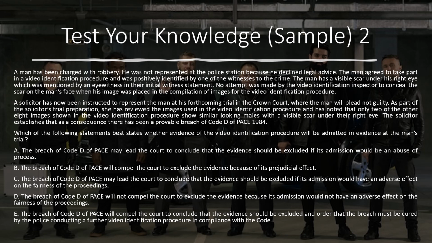C, the breach of Code D of PACE may lead the court to conclude that the evidence should be excluded if its admission would have an adverse effect on the fairness of the proceedings. D, the breach of Code D of PACE will not compel the court to exclude the evidence because its admission would not have an adverse effect on the fairness of the proceedings. Or E, the breach of Code D of PACE will compel the court to conclude that the evidence should be excluded and order that the breach must be cured by the police conducting a further video identification procedure in compliance with the code.